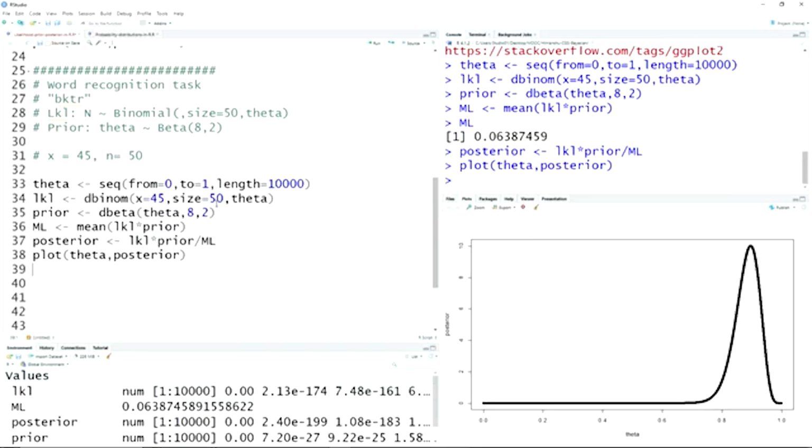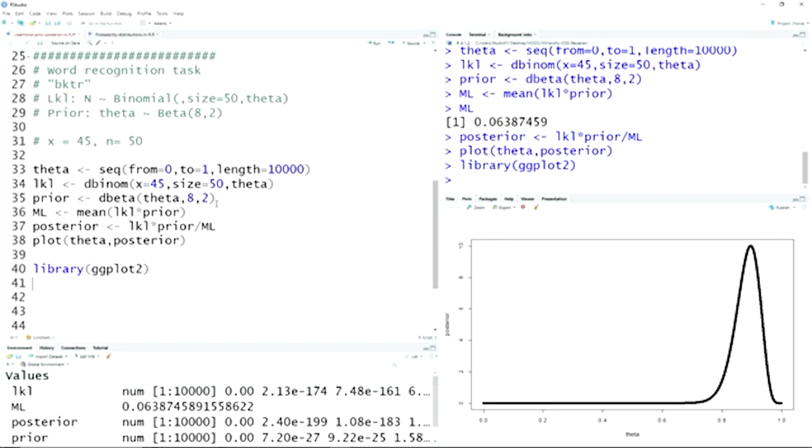But what I'm going to do now is plot prior, likelihood and posterior on top of each other so that you can compare where the posterior is located in this parameter space, where is the prior and where is the likelihood. In order to do that, I will use ggplot so that I can visualize them well. I will create a data frame containing all likelihood, prior and posterior.